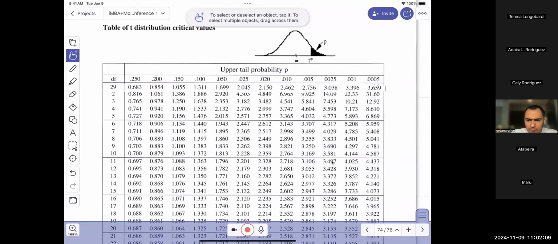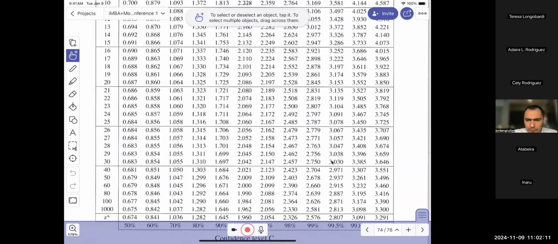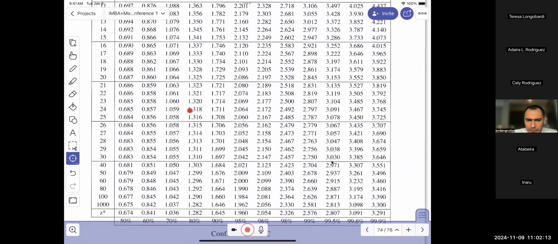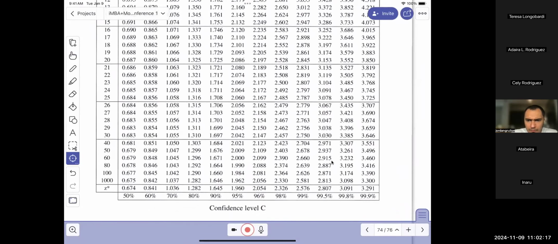Okay, so we need to go to our T table. We go to 24. We're going to use this row here, and we want it for the 99% confidence interval. I recommend just go below for the confidence interval. It can get confusing if you go from the top. So this is going to be the critical value.